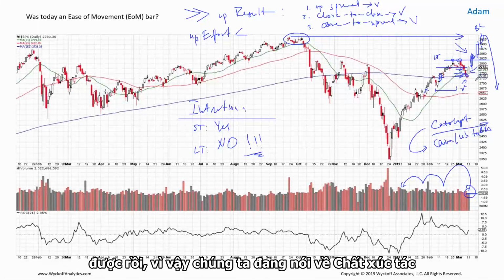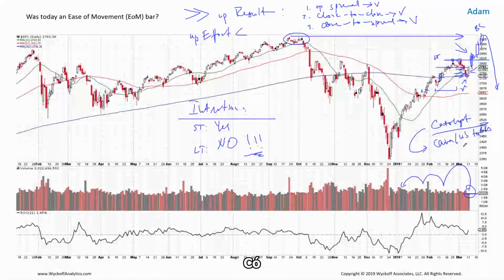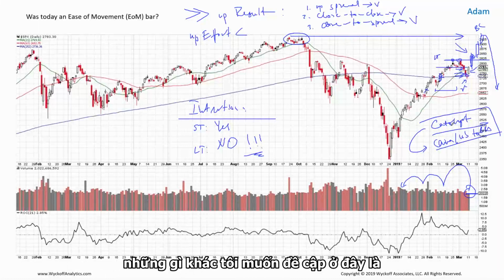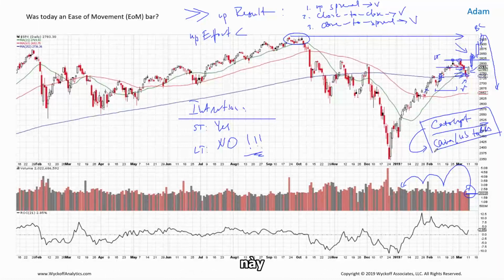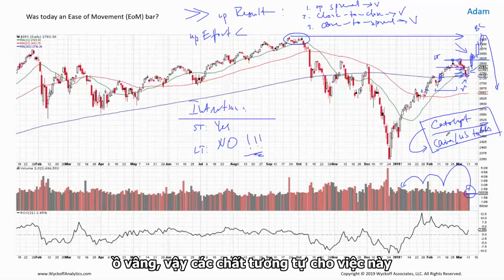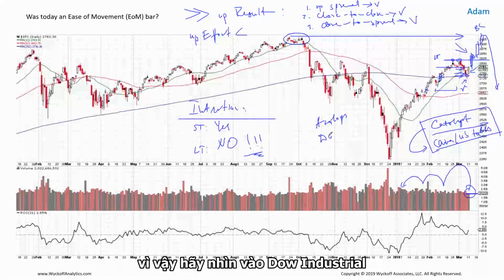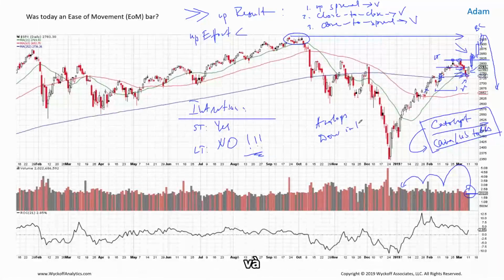Okay, so we're talking about the catalyst, yes. What else did I want to mention here? Oh, yes. So the analogs for this. Look at the Dow Industrial in 1974, 75.